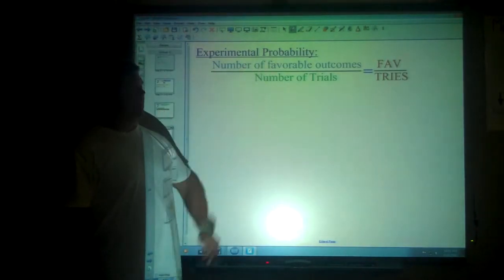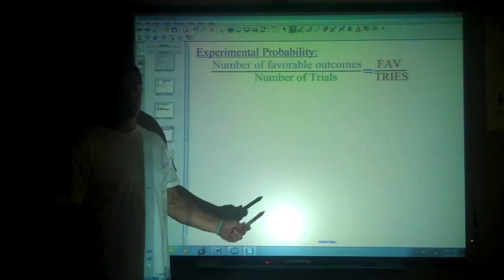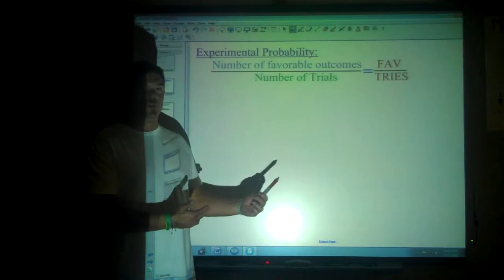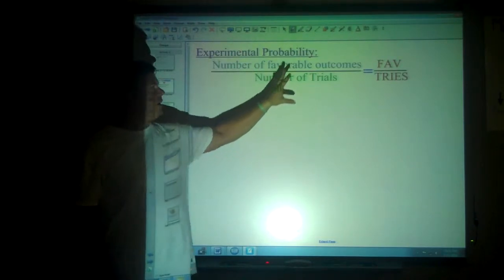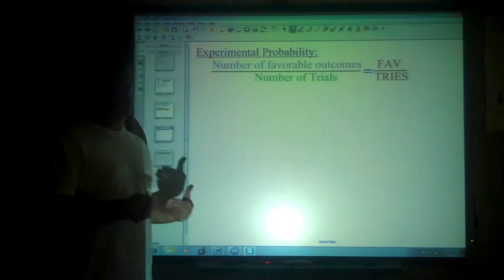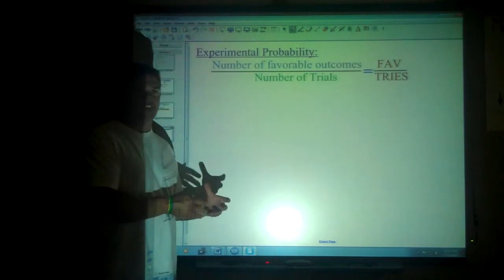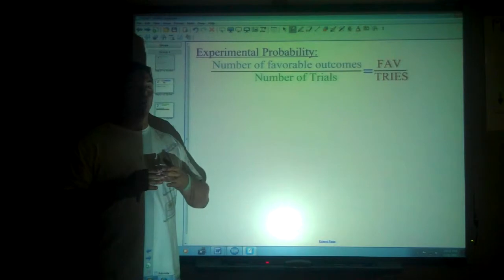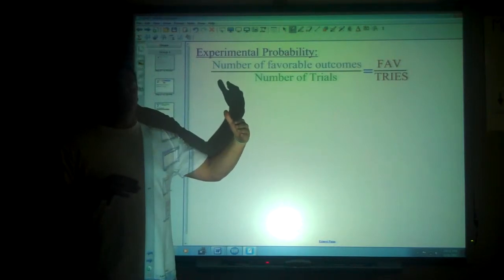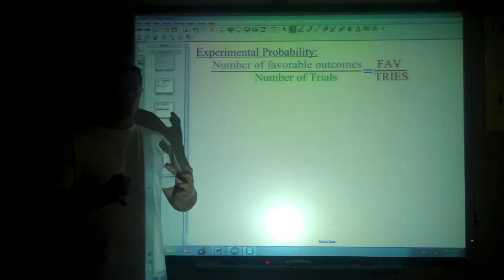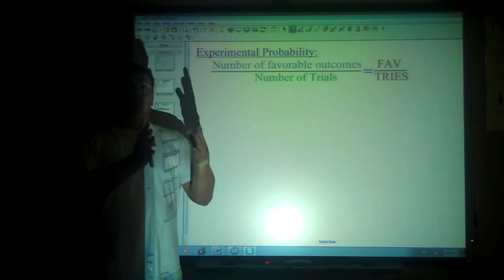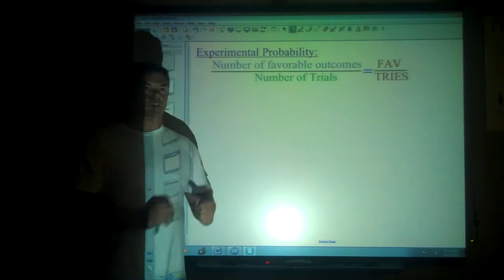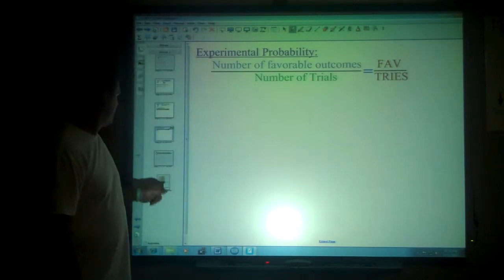Now that's going to give you 7 out of 10, or 70%. Theoretical probability would say it's 50%, so that there's a major variation there. But again, it's because it was an experiment, and the experiment may or may not be exactly the same as theoretical. However, the longer you conduct the experiment, in the beginning it may seem like it's skewed, but the longer you actually do the experiment, the closer and closer and closer it will become to matching the theoretical probability.